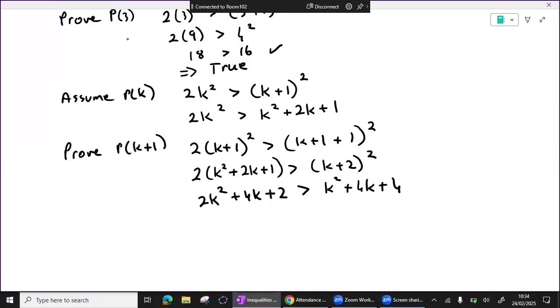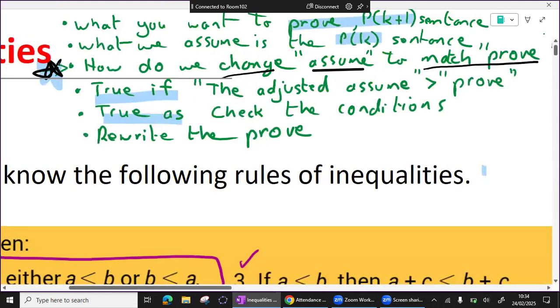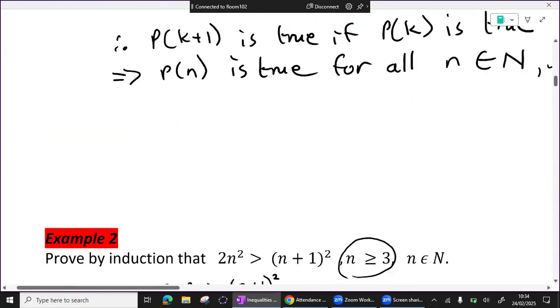Now, when we're doing proof by induction for inequalities, the key message is written at the top of the page. You should have all that written since the last day. We want to somehow change our assume to match our prove. That's the key sentence. Change the assume to match the prove.